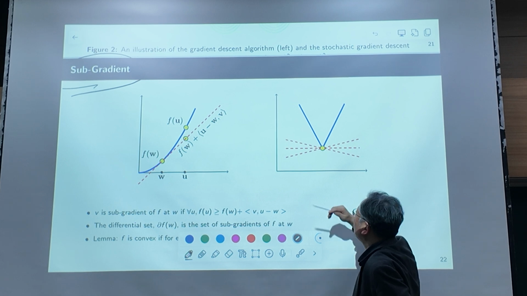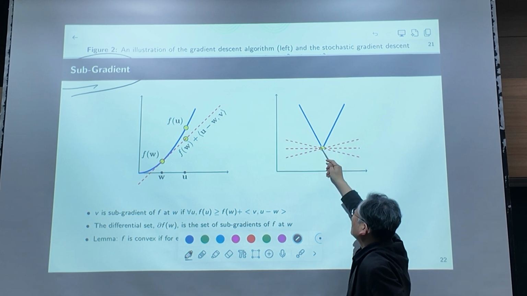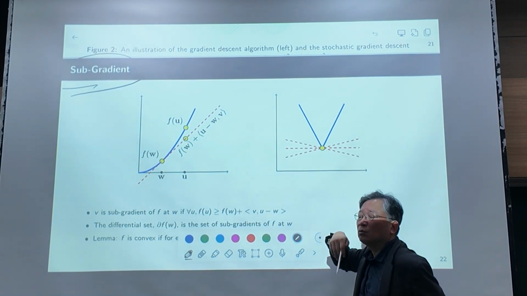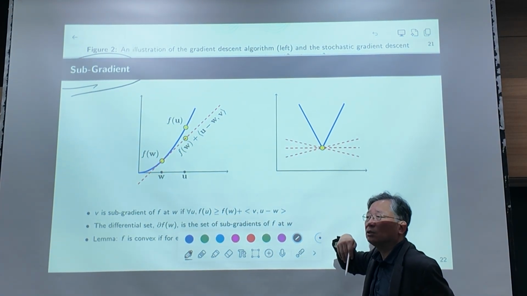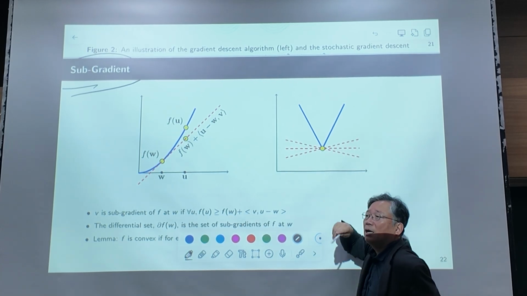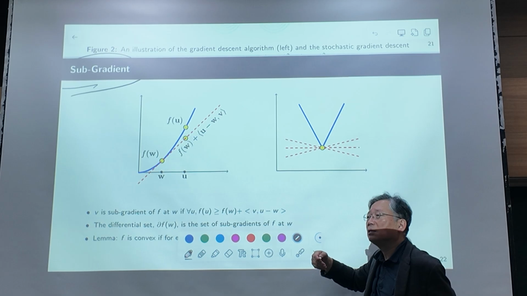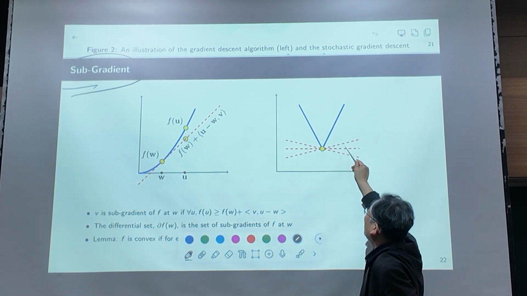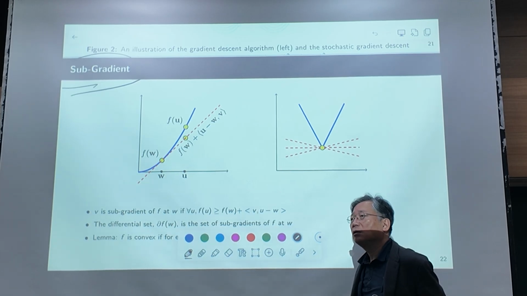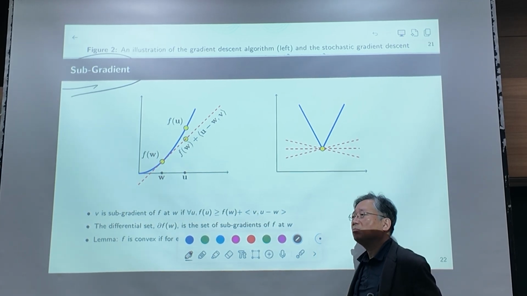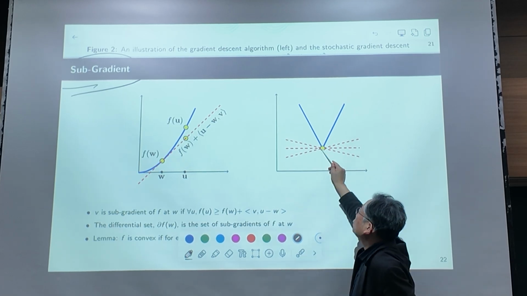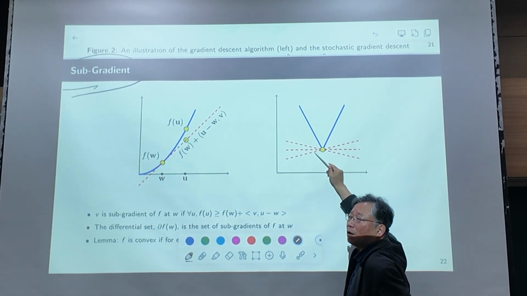So let's look at this case, the blue function, which is not continuous. It's not continuous right here, right? And the subgradient will be all these red lines. So it's not unique. You can choose any one of them to be the subgradient. All the function values lie above this line.